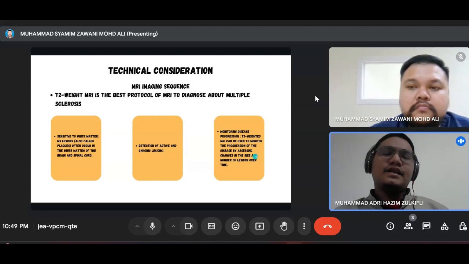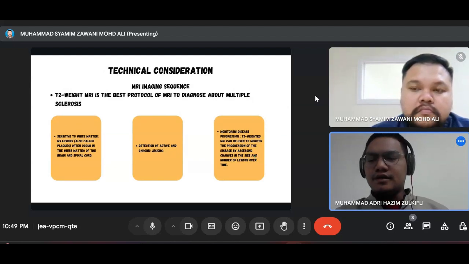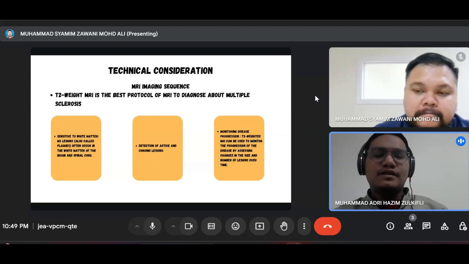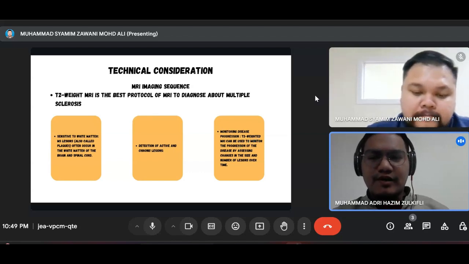Okay, next. For the technical consideration, the MRI imaging sequence we can use is T2 weighted MRI, which is the best MRI protocol to diagnose multiple sclerosis, because T2 weighted MRI is sensitive to the white matter.